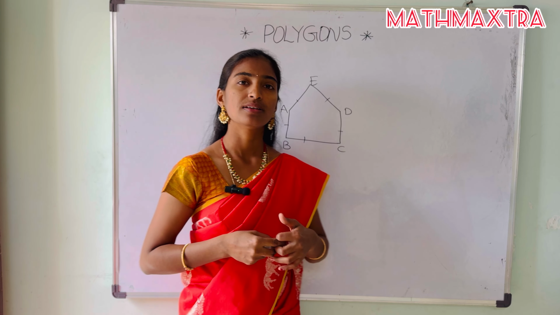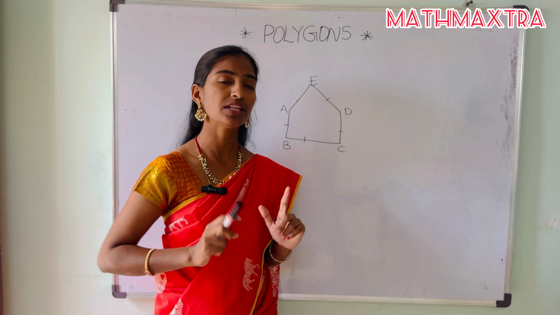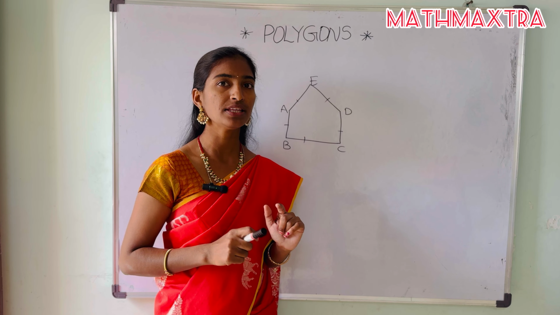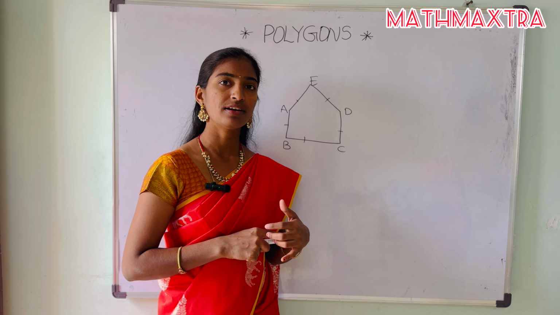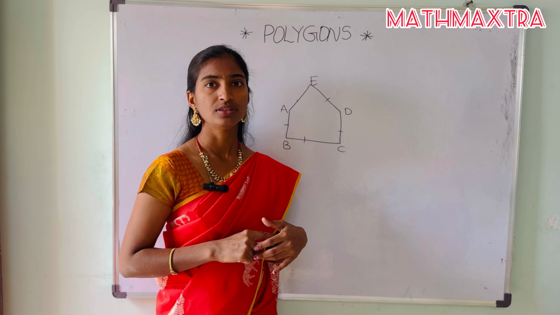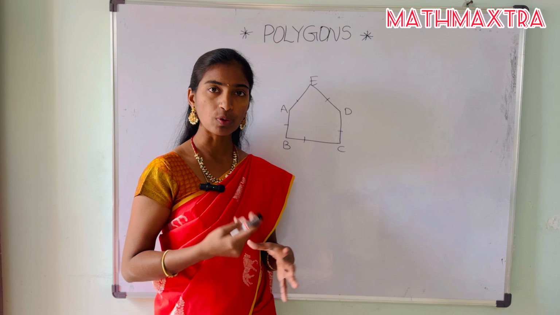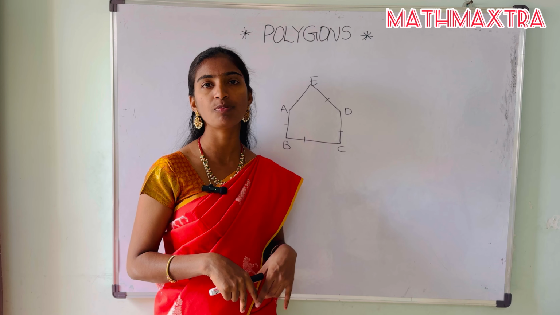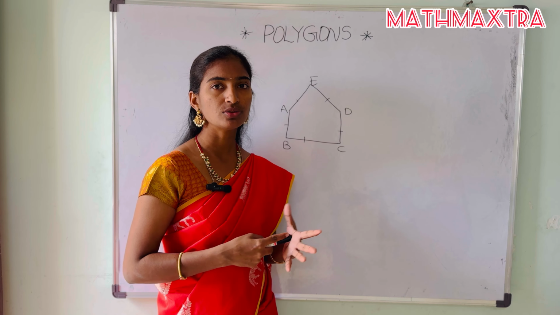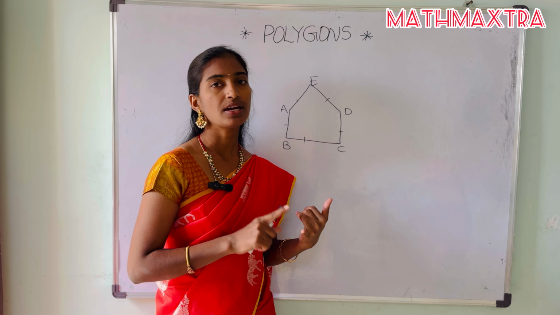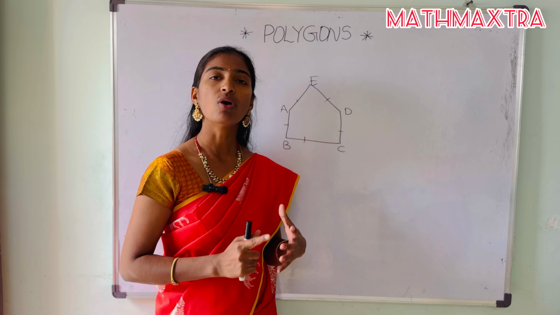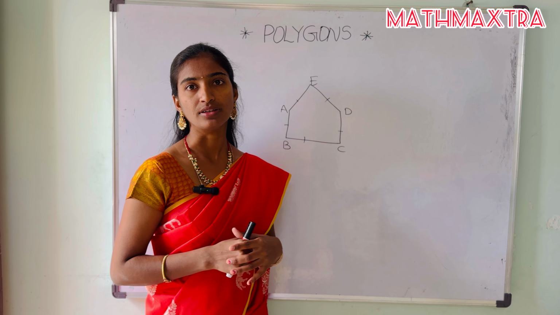Similar to quadrilaterals, where we have seen convex quadrilateral and concave quadrilateral, here also in polygons we have two types of polygons. What are those? Convex polygons and concave polygons. What are convex polygons?